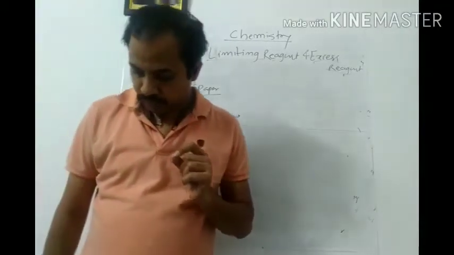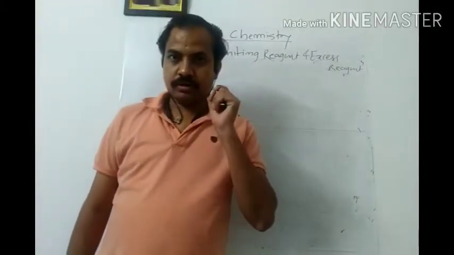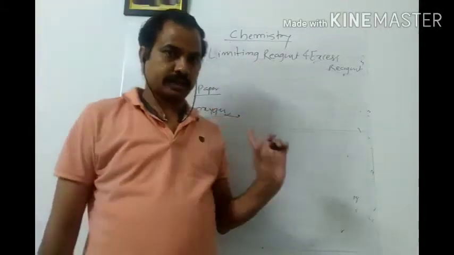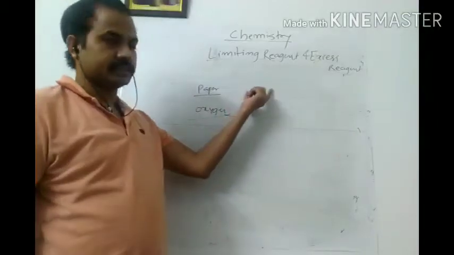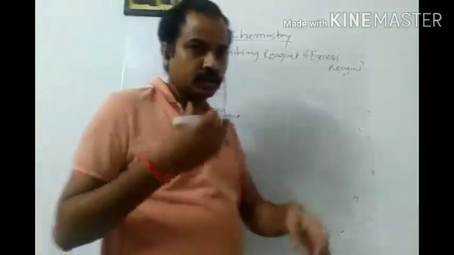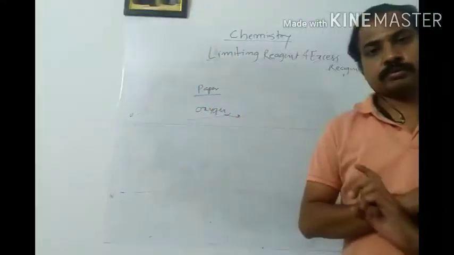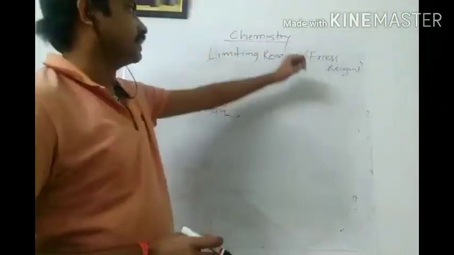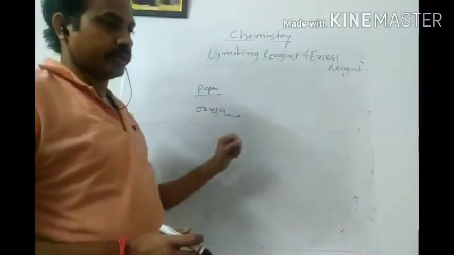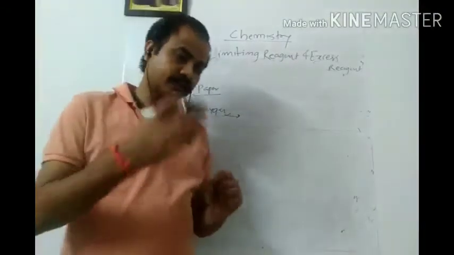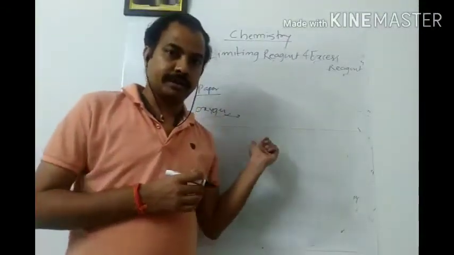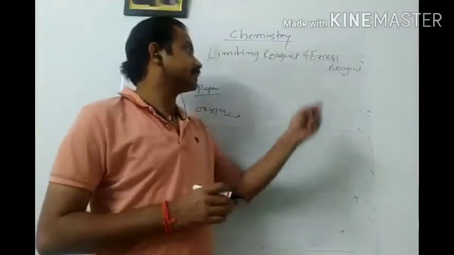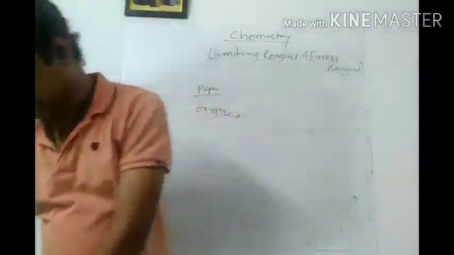If the compound finishes after the reaction, meaning once the reaction ends your compound also ends, that particular agent is known as limiting reagent. And if something is left behind after your reaction ends, that is known as excess reagent.